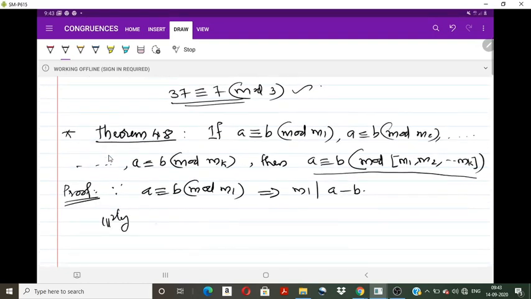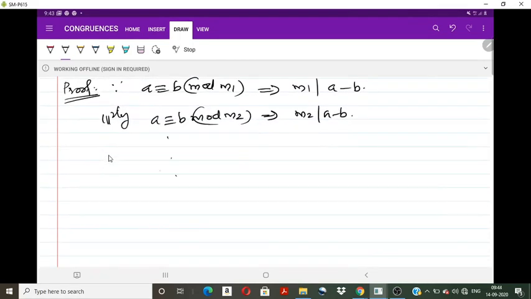Similarly, A is congruent to B modulo M2 implies M2 divides A minus B, etc. A congruent to B modulo Mk implies Mk divides A minus B. So M1, M2, etc., Mk are divisors of A minus B. Then by the divisibility property, their LCM also divides A minus B by the property of LCMs.